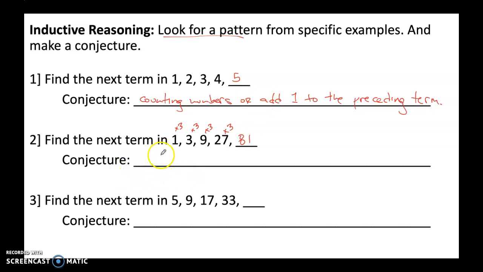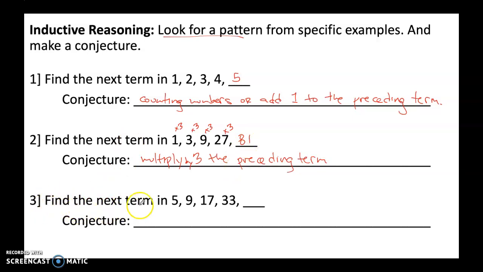What will be our conjecture? Multiply the preceding term by 3. When we say preceding term, that is the term prior to the next term.